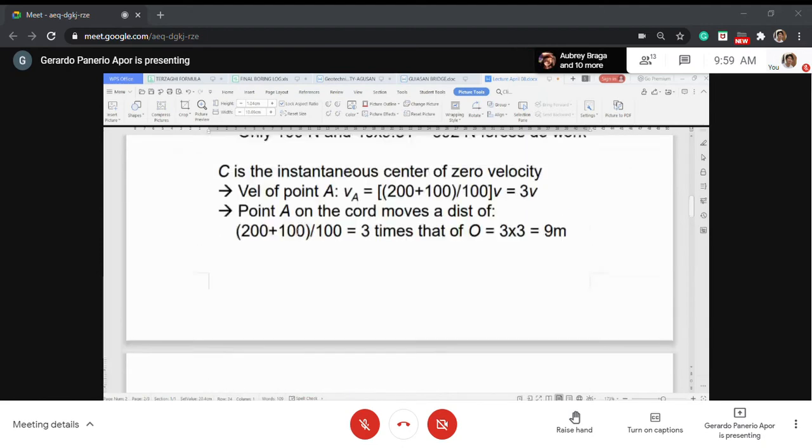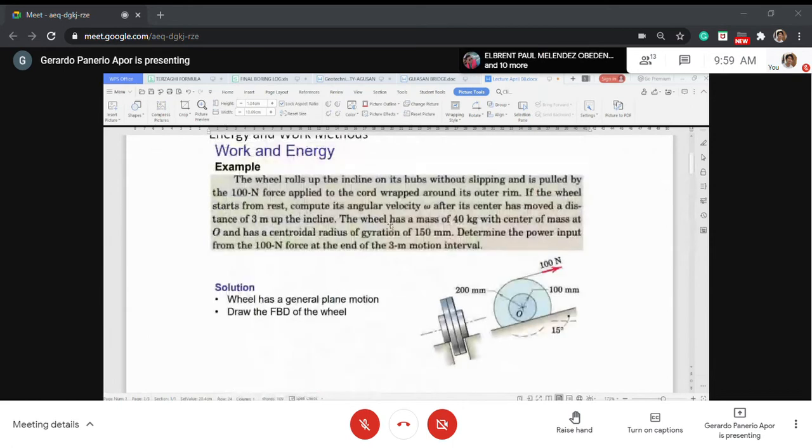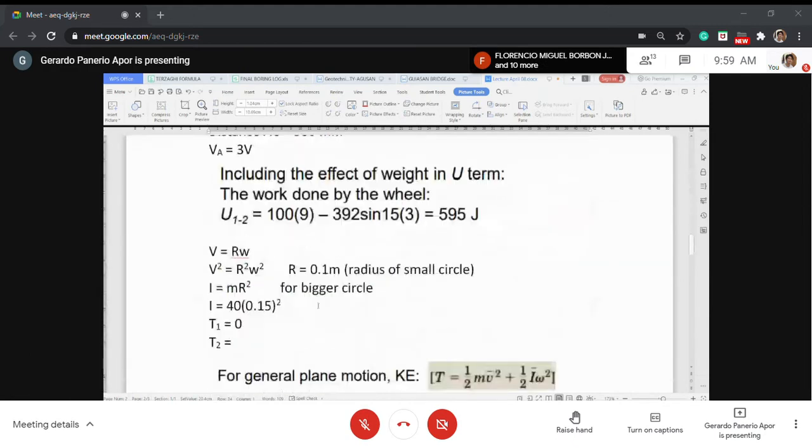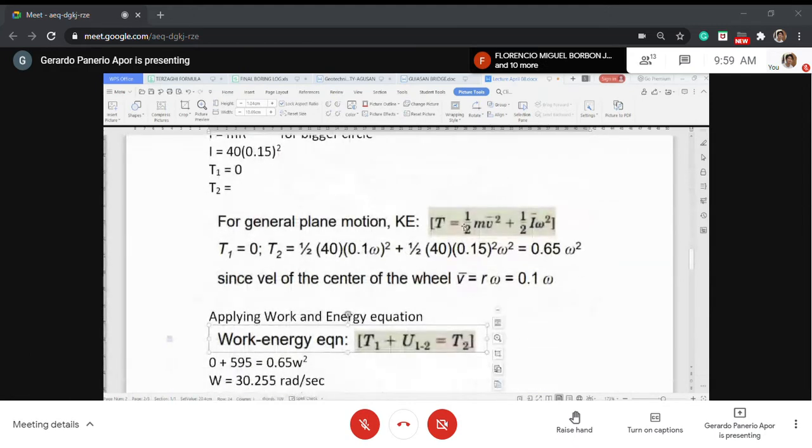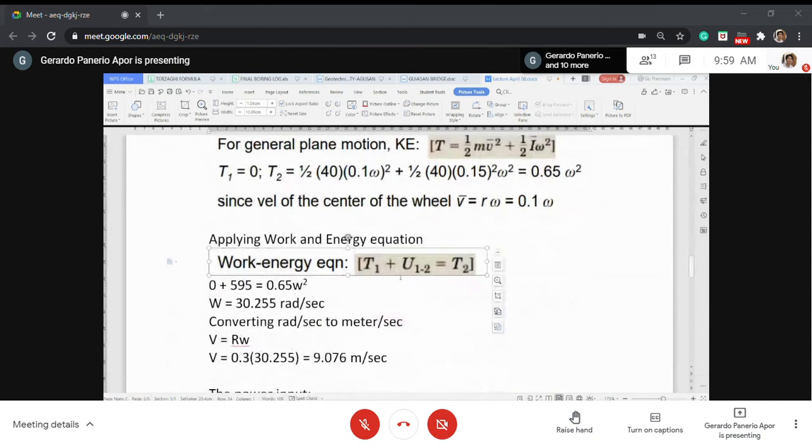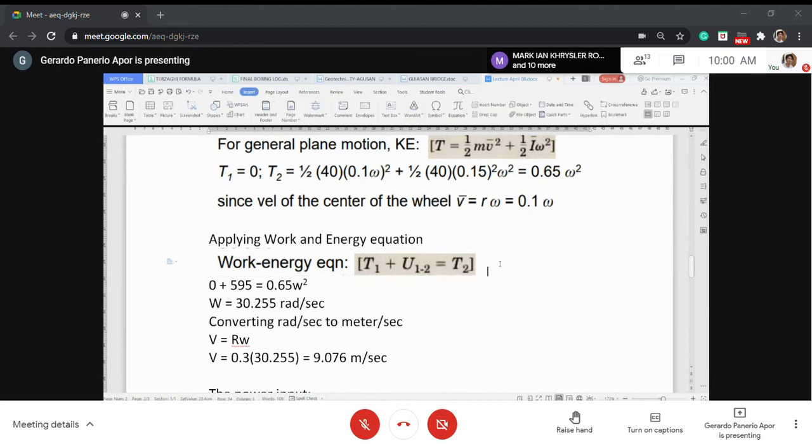So in fact, the problem says it starts from rest. So T1 is 0. In this equation, work and energy, T1 plus U12 equals T2. This is the kinetic energy at point 1 plus the work done from point 1 to 2 is equal to the kinetic energy at point 2. So T1 here is 0.